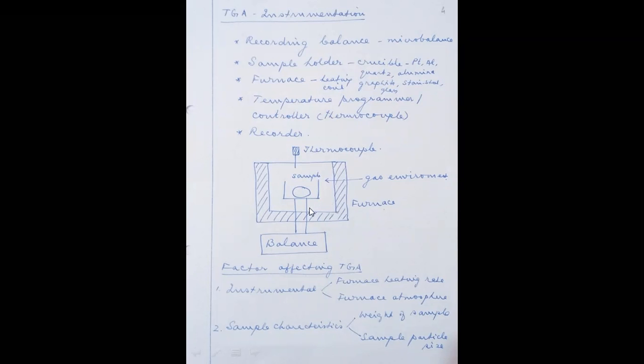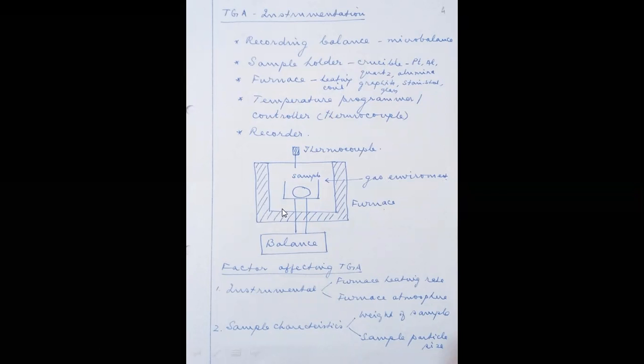And then this is actually a closed environment where the atmosphere inside this chamber is adjusted, like admitting the gas environment, and this gas environment is of the choice of the analyst. You can have an air environment or a nitrogen environment, helium, argon, or any other inert gas environment.